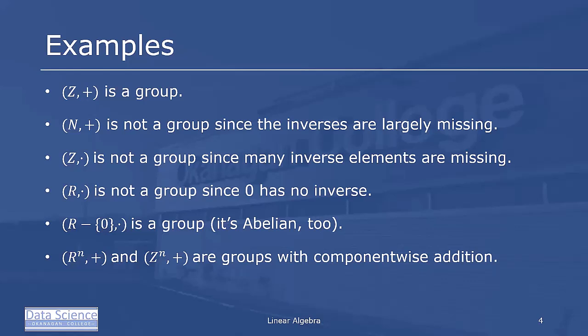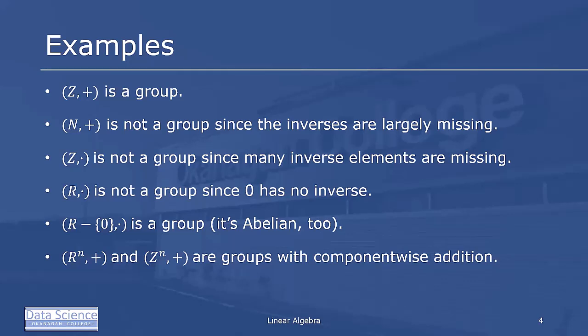The set of real numbers with the operation of multiplication is not a group as well. Our identity is 1, because 1 times any number is itself, but 0 has no inverse. There's nothing that we can multiply 0 by to get 1.